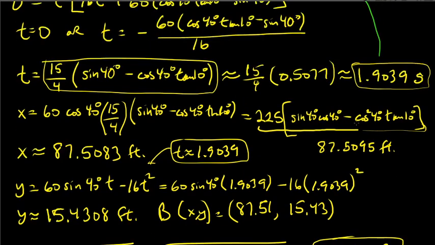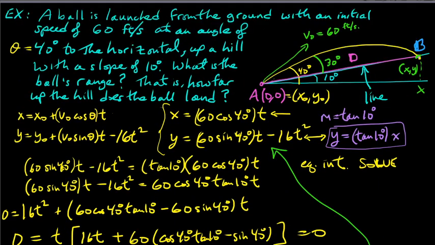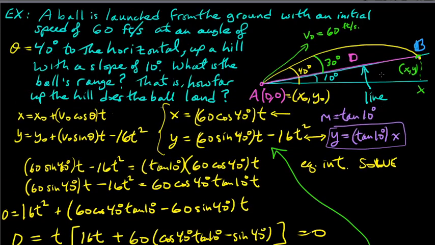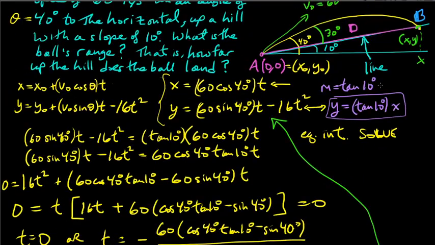So that's how far we would have to walk to retrieve the ball. It's about 88.86 feet, so just under 90 feet. Or I should say just under 89 feet.